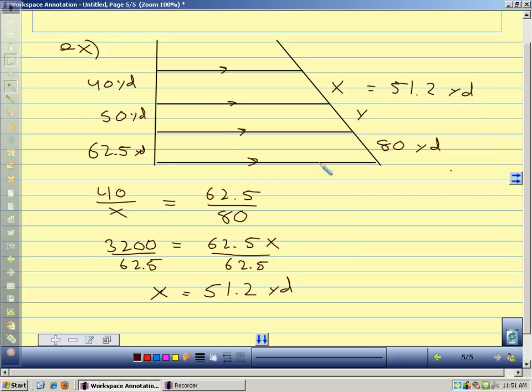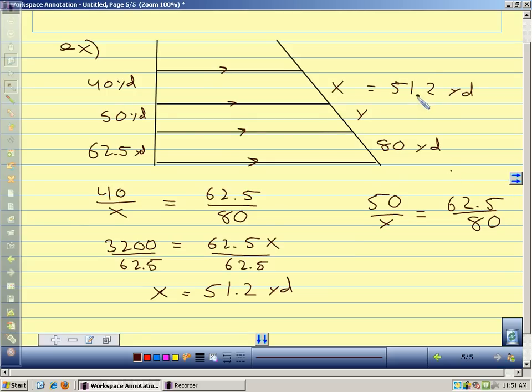And I do the same thing to find Y. I'll just use the same segments that we used before. 50 divided by Y also equals 62.5 divided by 80. I could have used 50 divided by Y equals 40 divided by 51.2.